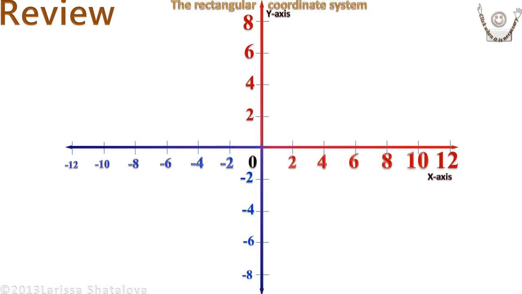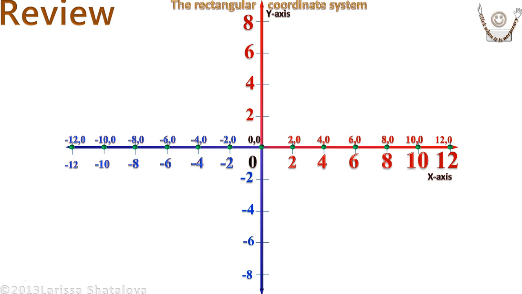I hope you remember that in the rectangular coordinate system, each point has two coordinates, x and y. Now, if you look at the x-axis, each spot on the x-axis reflects a point with coordinates x and y, where the y coordinate is 0.